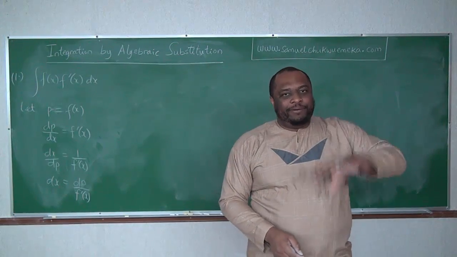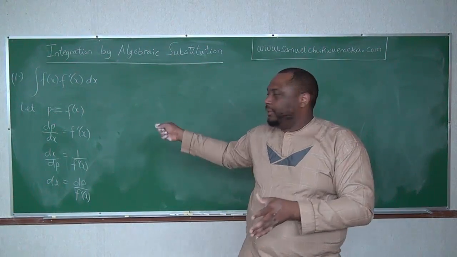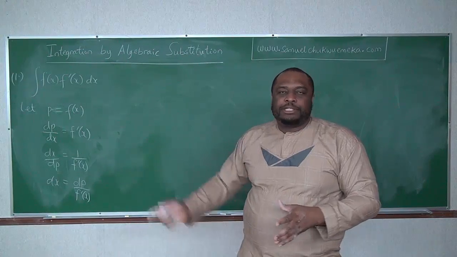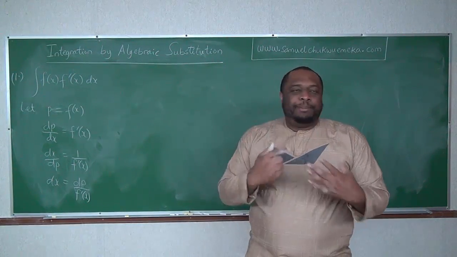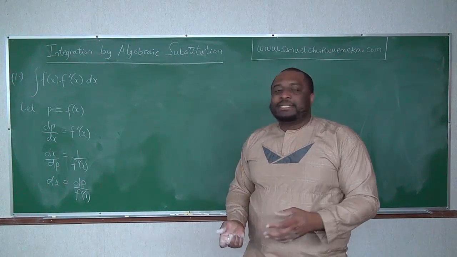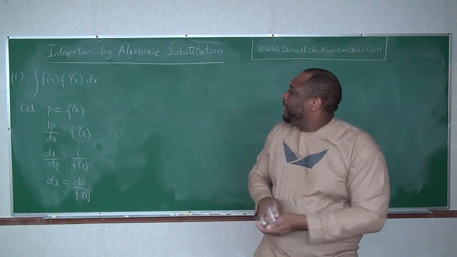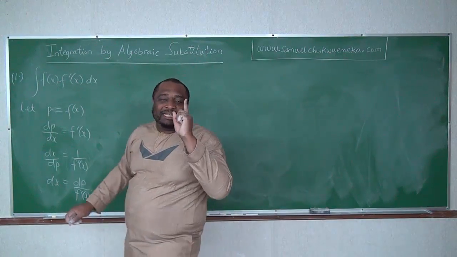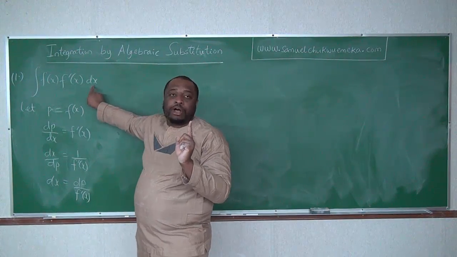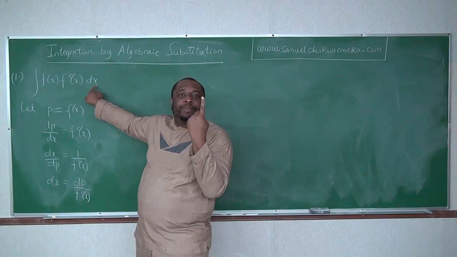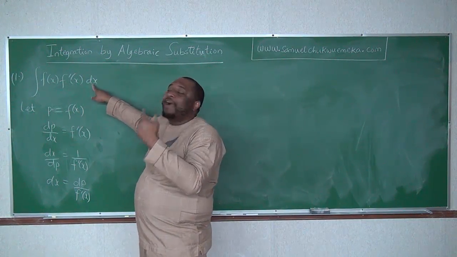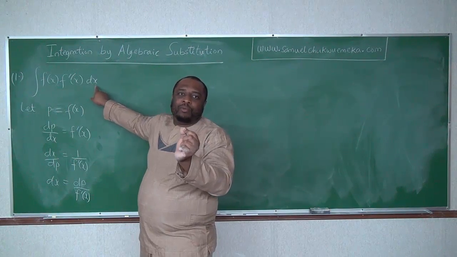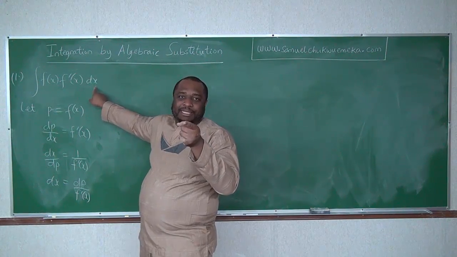Then you find the derivative with respect to the independent variable, which is x. So the dp/dx is f prime of x. Then you find the dx/dp, because the goal is we want to substitute for something here, and then we also want to find this dx.